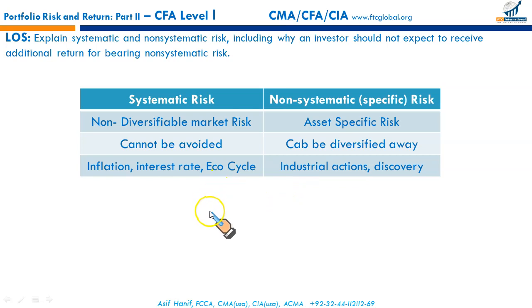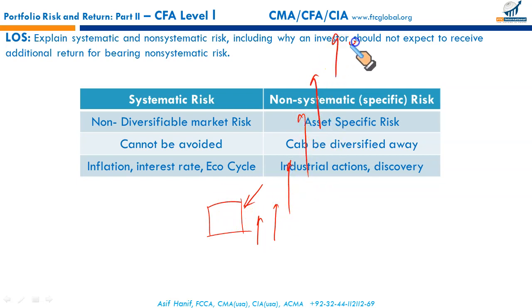Let's say this is a particular asset and there is some compensation for taking on the risk of investing in this asset. Then the demand for this asset and such diversifiable assets would keep on increasing, pushing the prices to infinity and returns to zero. So that's the reason there is no compensation for non-systematic or diversifiable risk.